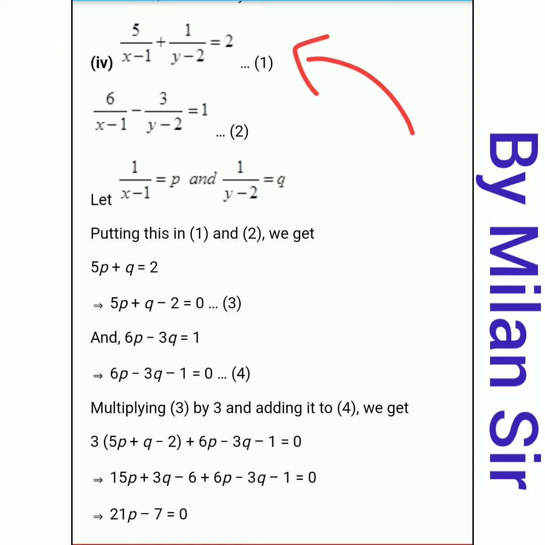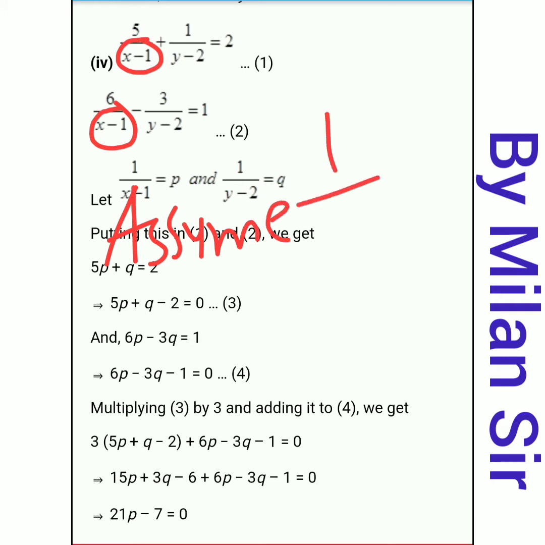Now here our variables are present in the denominator, right? So this is not a linear equation, we need to reduce it to a linear equation. In both equations the denominators are the same, x minus 1 and x minus 1, so we can assume 1 upon x minus 1 is equal to p.